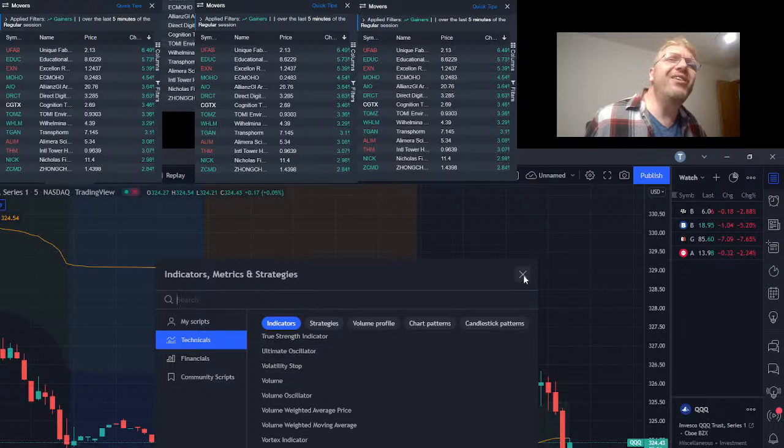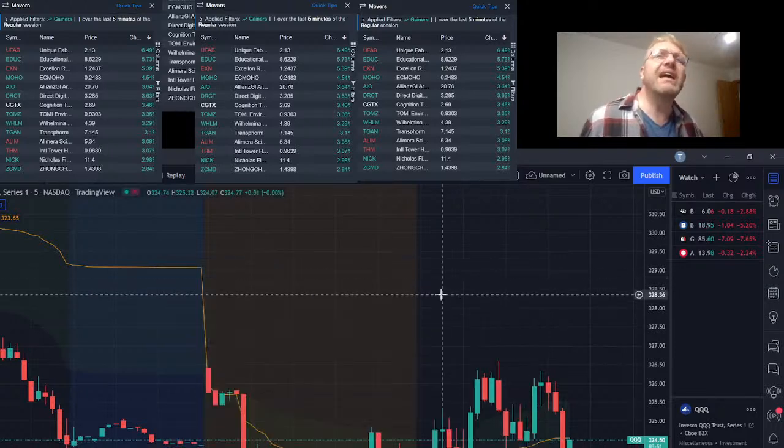The majority of these, if not all of them, are lagging. What that means is they're taking past price action and making some algorithmic sense of it, and past price action is no indication of future action.